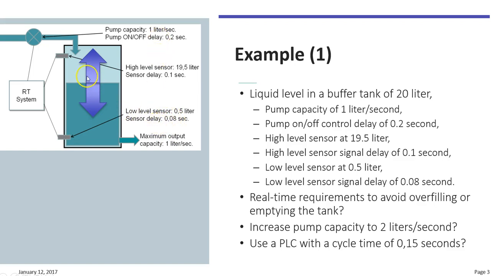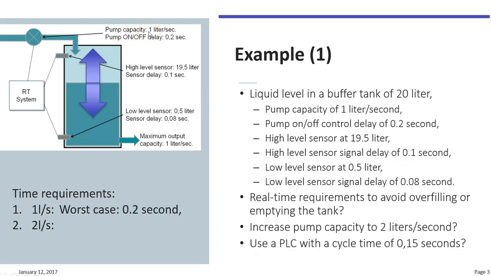But still, you should use the worst case, which is loading. So if you look at the time requirements for a pump capacity of 1 liter per second, the worst case is 200 milliseconds. Based on an event from any sensor, your real-time system should be able to calculate and output the correct pump signal within 200 milliseconds.